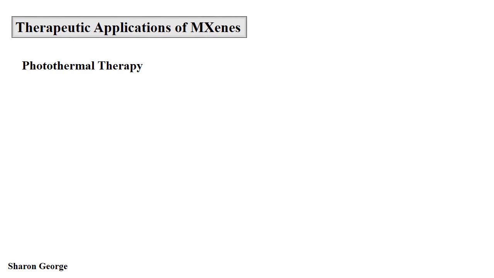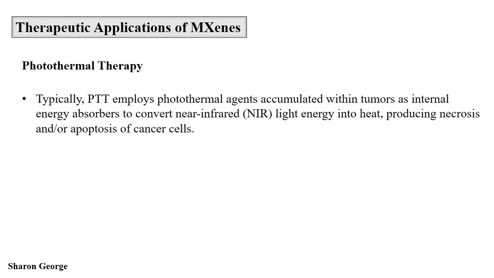Okay. So in this photothermal therapy, basically it works based on the photothermal agent which accumulates in the mutated cell region and absorbs NIR light and converts it into heat. So that heat is more than enough to kill the cancer cells. Okay, the photothermal conversion is determined by two important parameters.